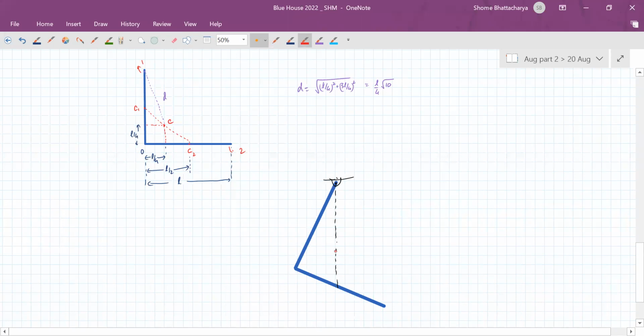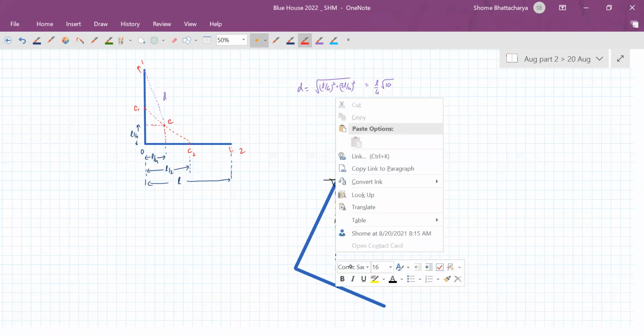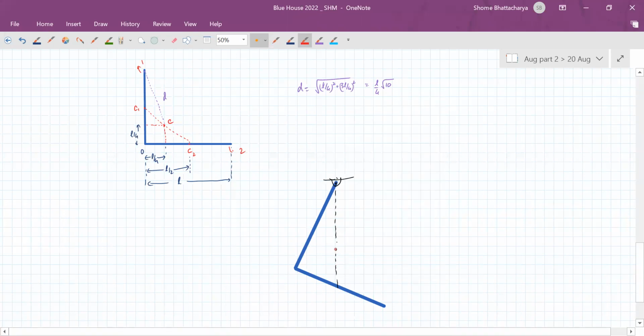So the center of mass is here. Okay, so this is when the net torque is 0. The moment you rotate this about this point, you can see that it's creating a net torque.